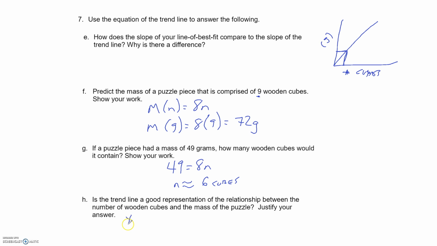And we should be able to say yes with some certainty, because each cube weighs about the same. They're all the same size, they're all the same shape, they're all the same wood. They should all weigh the same.